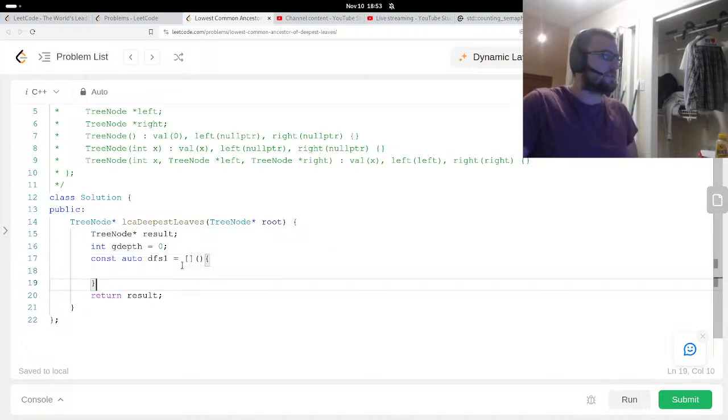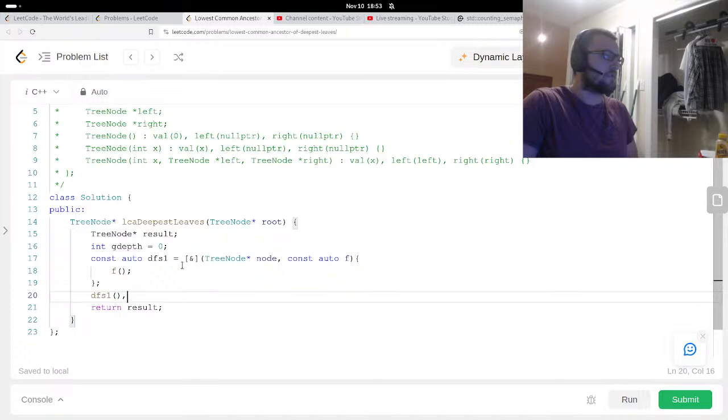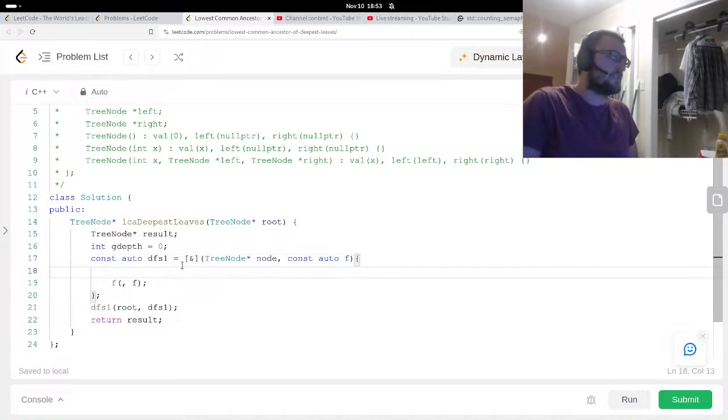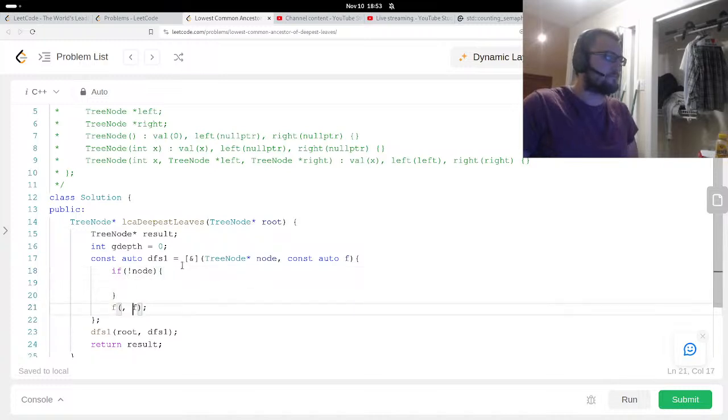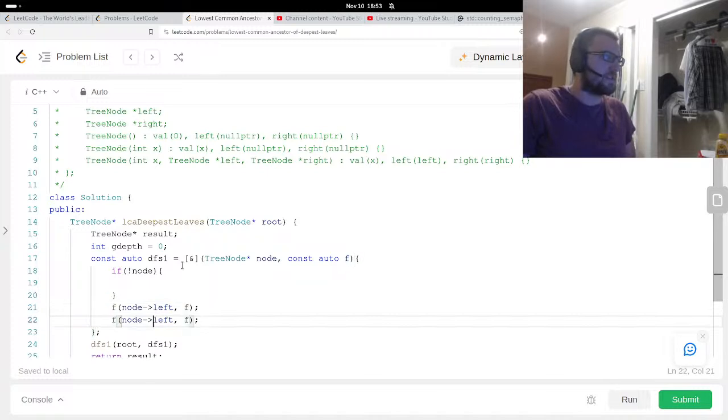The first DFS is just going to get the greatest depth.